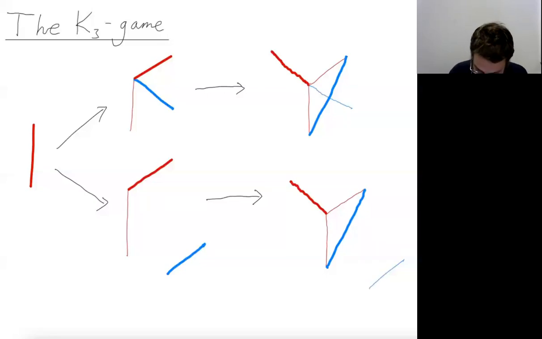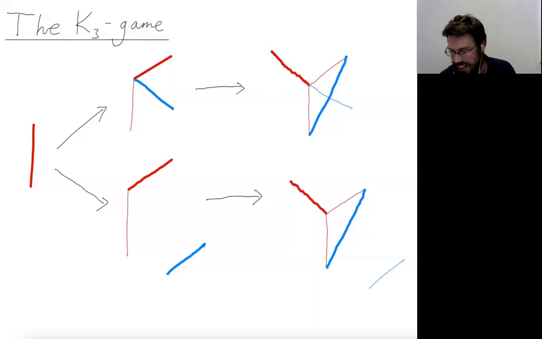And now they're threatening to build a triangle either there or there. And the second player can't block both of those. And so the first player is going to get a triangle on the next move, right? So essentially after the first move, we've got a sequence of threats by the first player, which eventually results in a forced win in this game.